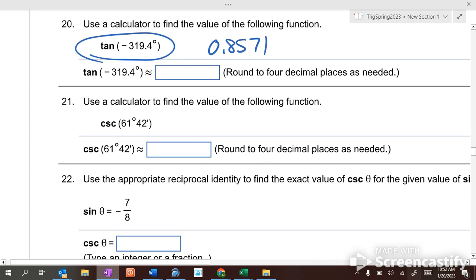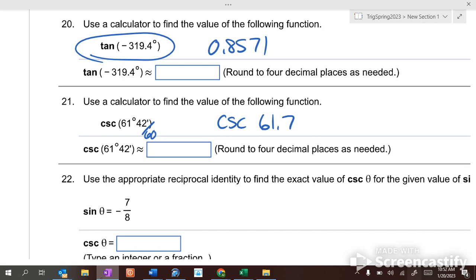You can get to degrees, minutes, seconds on your calculators, but sometimes it's just easier to change it to a decimal. What's 42 divided by 60? 0.7. So really, this is a cosecant of 61.7, but there's no cosecant on your calculator.